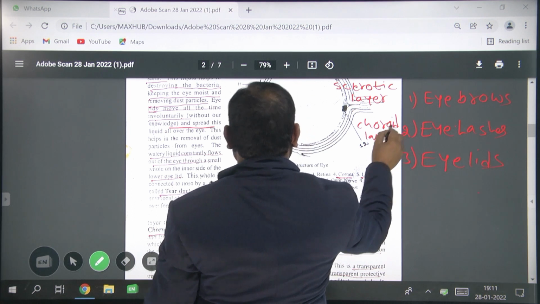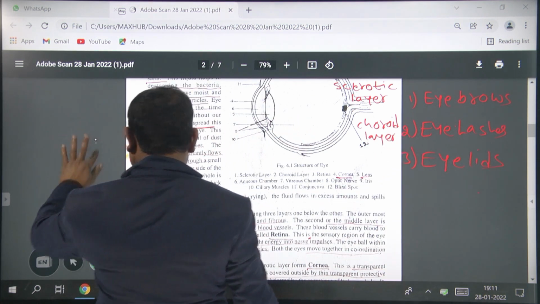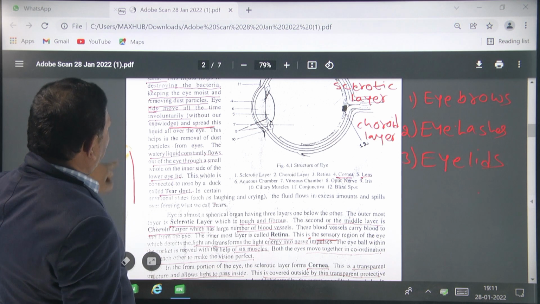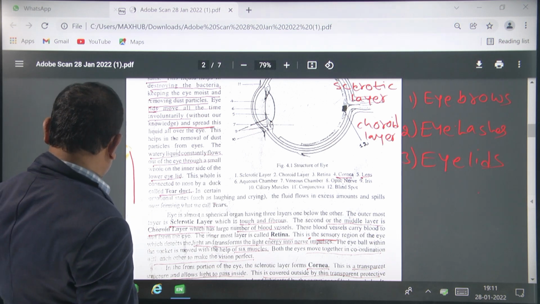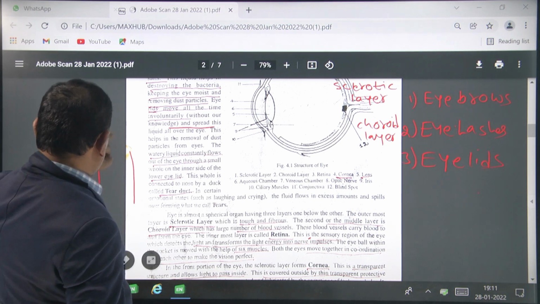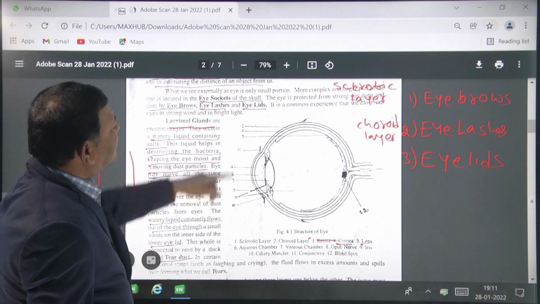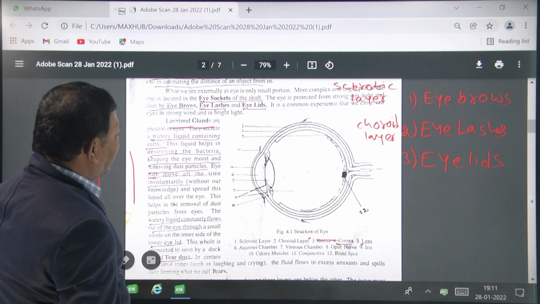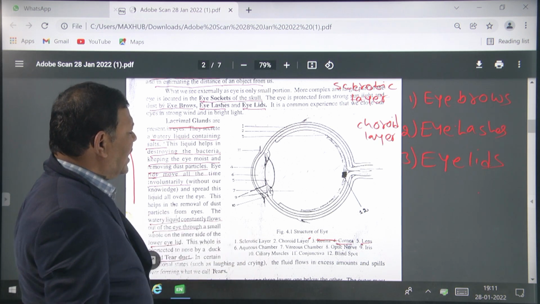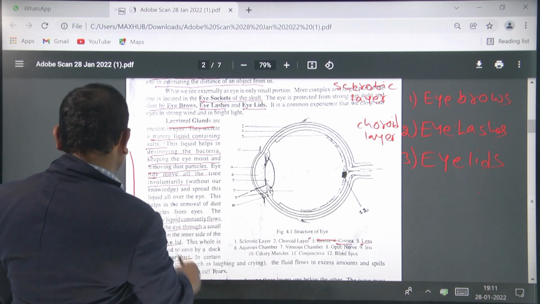First layer is the sclerotic layer, second layer is known as the choroid layer, third one is the retina.